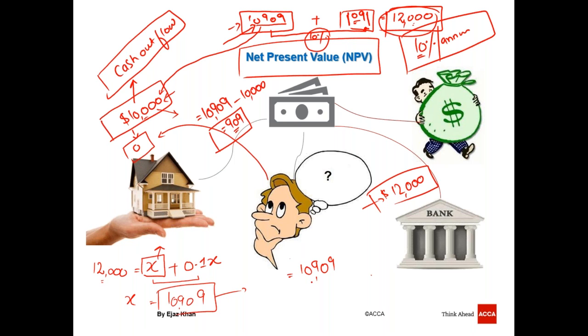If this company invests $10,909 today, after 1 year it will have to pay back this amount to its investors, plus 10% of this amount, which will be $1,091.